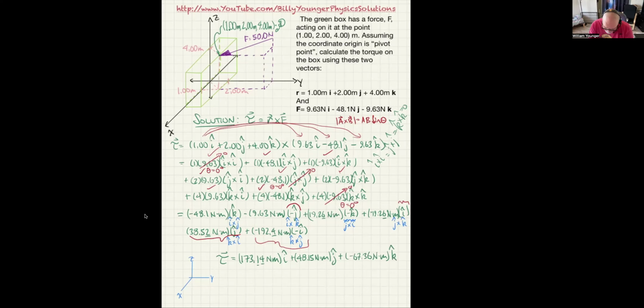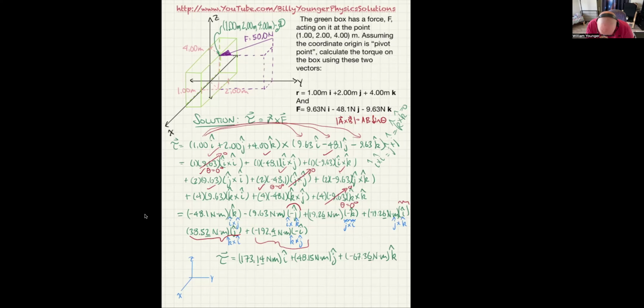And in that case, we were actually adding the 19.26, which was only good to one decimal place, and the 38.52, which is also only good to one decimal place. So that means the 6 is not significant.